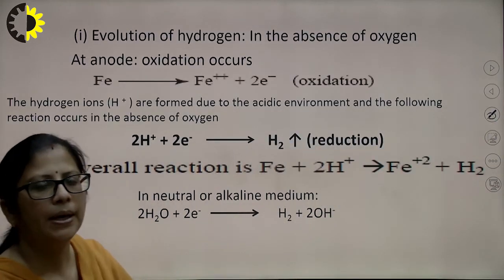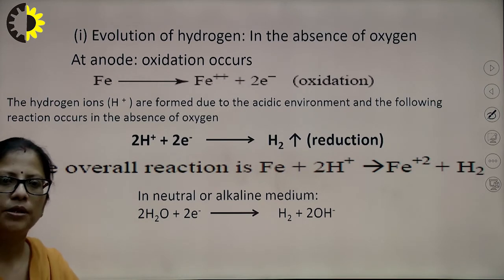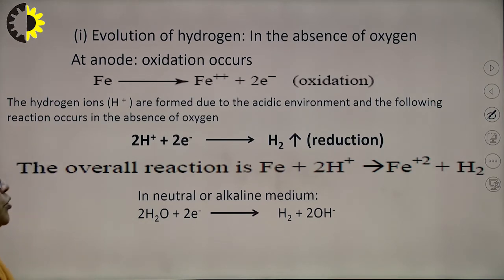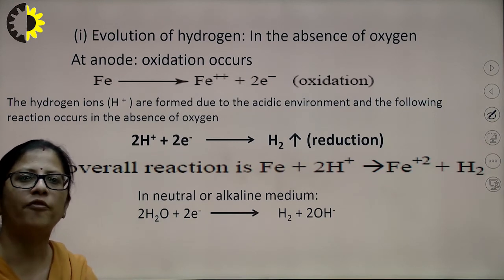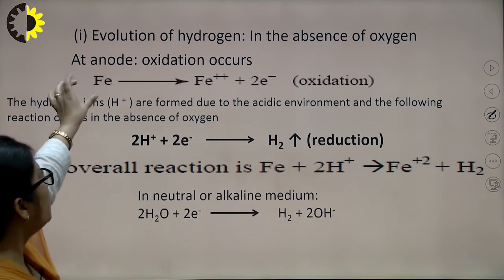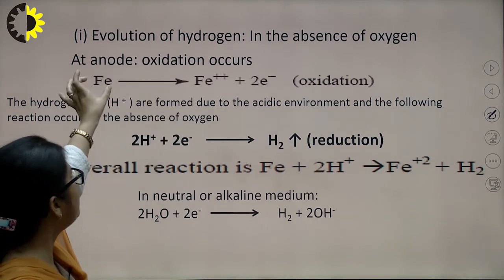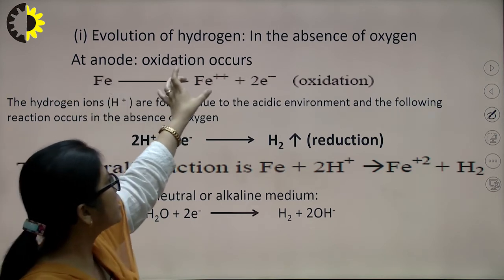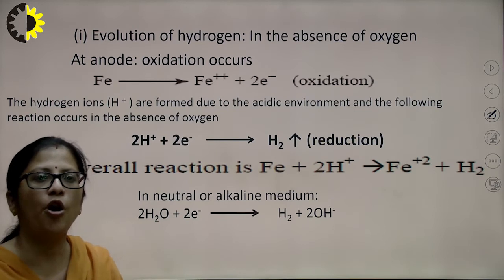Now, coming first to the evolution of hydrogen. Evolution of hydrogen generally takes place in the absence of oxygen, and at anode we know that oxidation is going to take place. So, here the metal will undergo oxidation to produce metallic ions and release an equivalent amount of electrons.